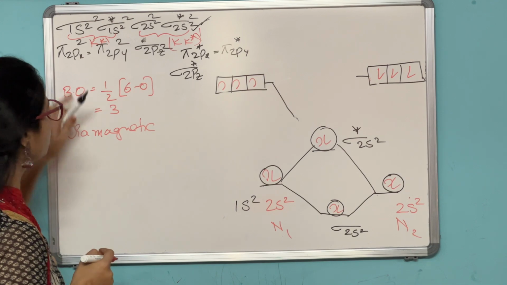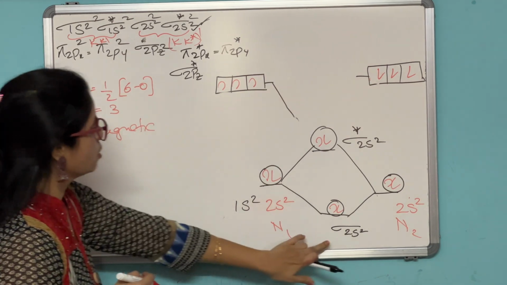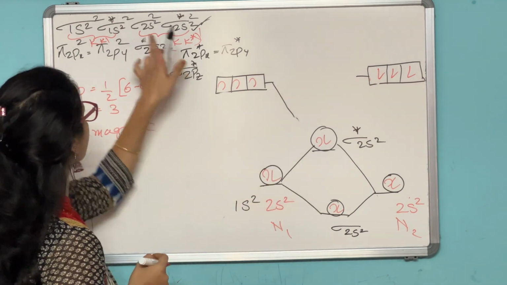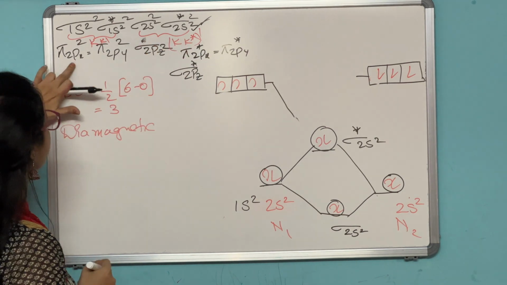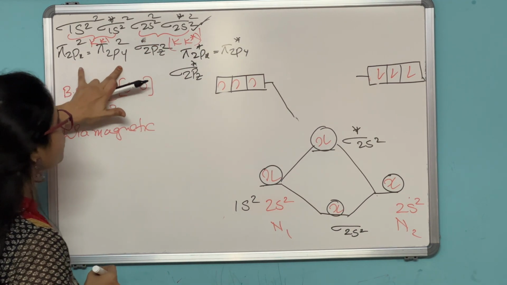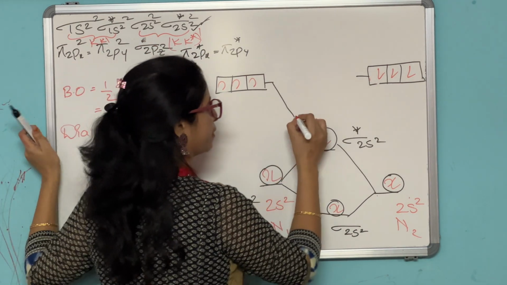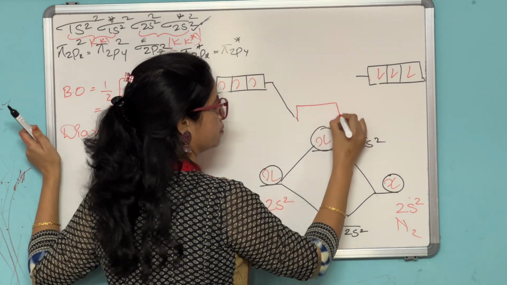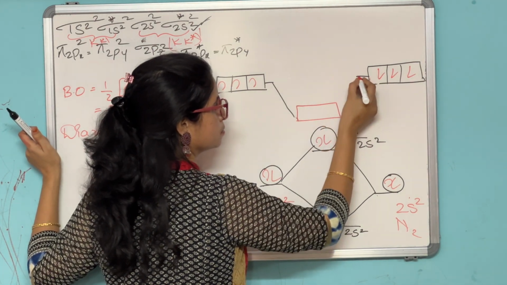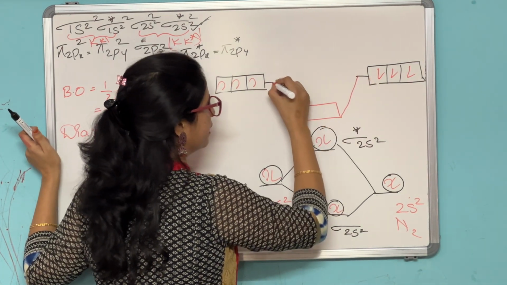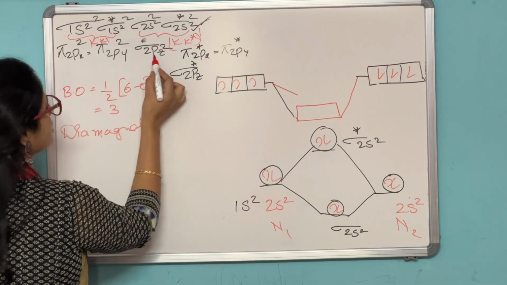Okay. So here next comes sigma 2s2, sigma star 2s2. Next should be pi 2px equal to pi 2py, and then sigma 2pz.